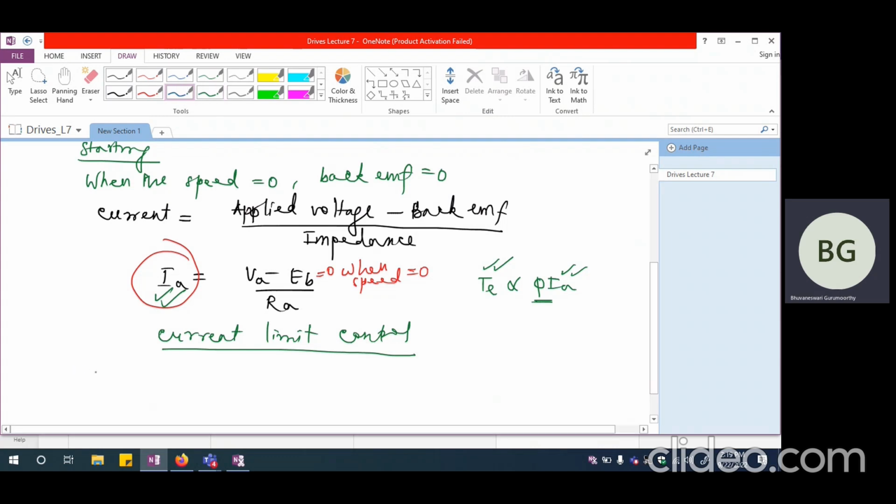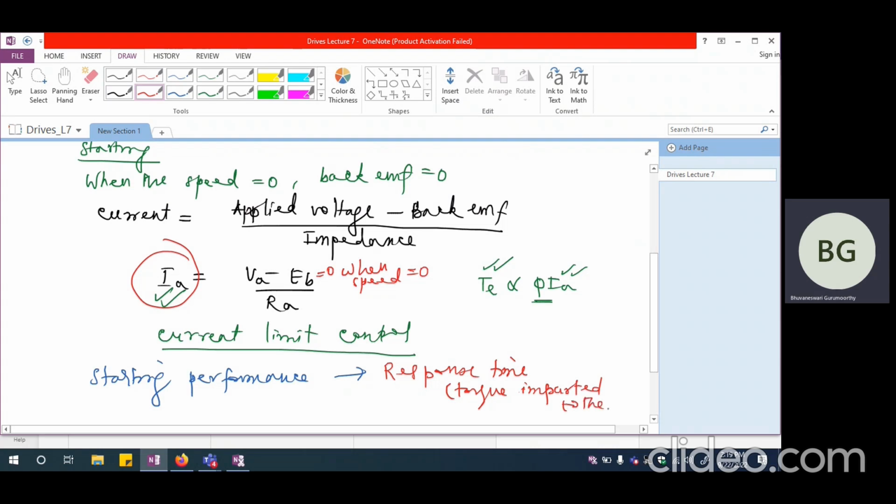So when we talk about the starting performance, it is actually a trade-off between the response time of starting, which is one of the criteria that we need to look at, and the kind of torque that is being imparted to the load or developed by the motor.